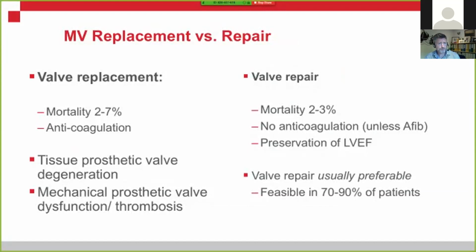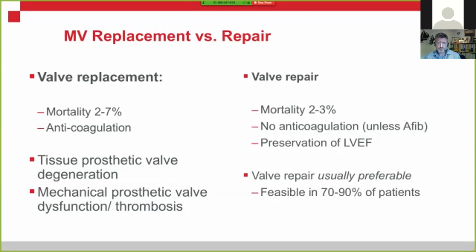So valve replacement obviously is a far more invasive procedure, either a tissue or more commonly a mechanical prosthetic valve. Not insignificant mortality related to the procedure itself, so up to 7%, and patients will require anticoagulation long term. Patients who have valve repair, far less invasive in that sense in terms of the actual perioperative risk, and mortality is probably half that of valve replacement.